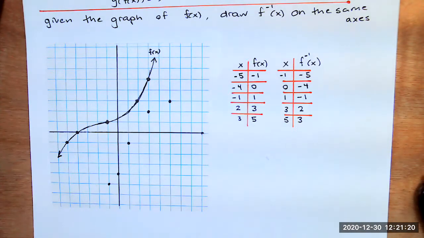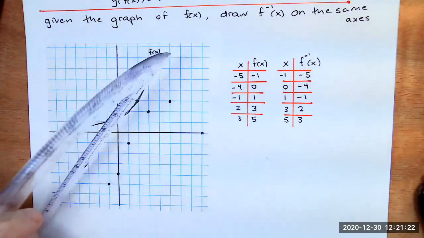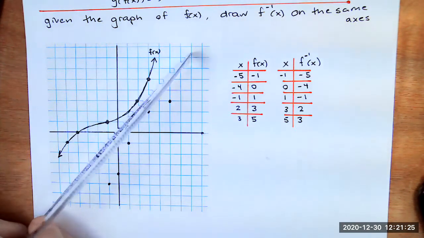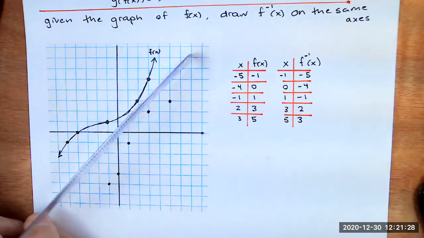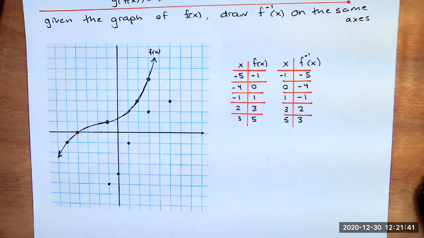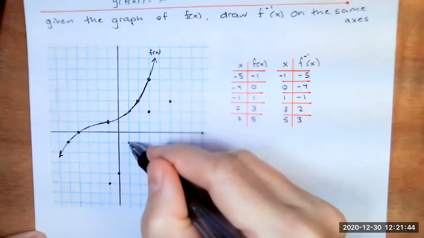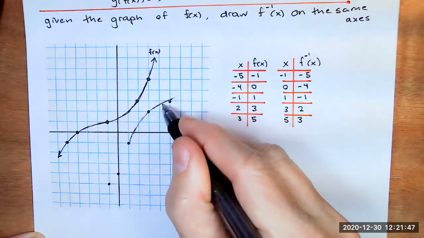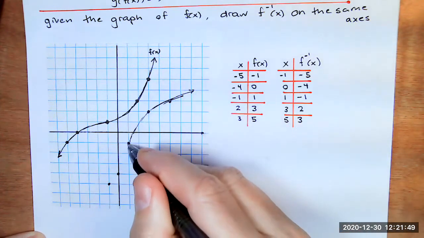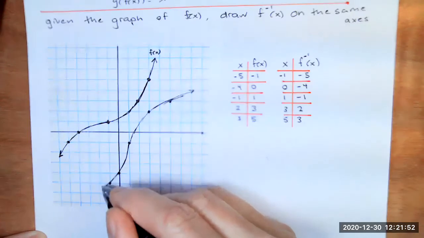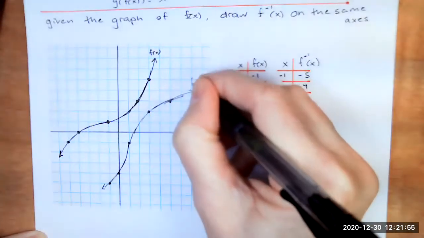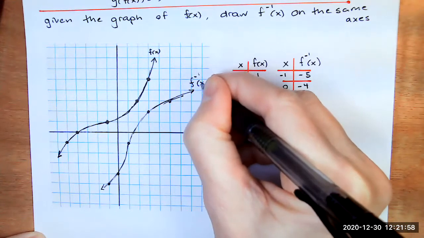And the only points that won't flip when you're graphing an inverse would be the points where y is equal to x. And in fact, if you placed a mirror there, the graph would be a mirror image across a mirror placed at the line y equals x. So this part of the graph would look like this. And this part of the graph would look like this. So this is your f inverse.